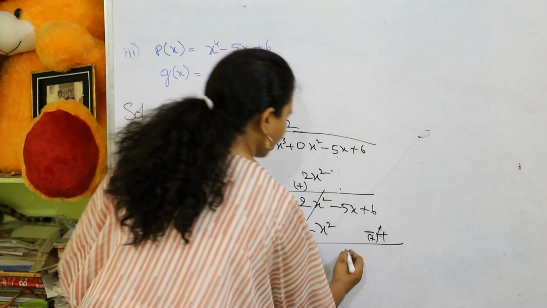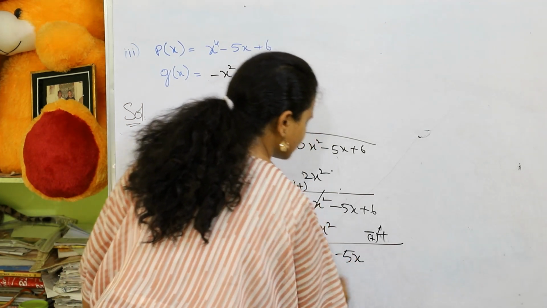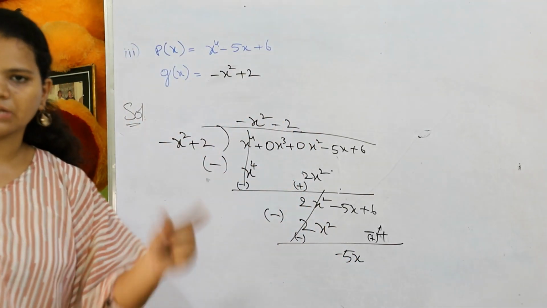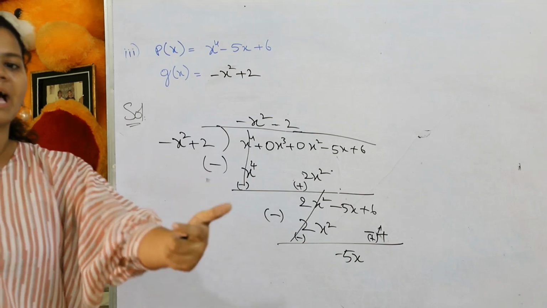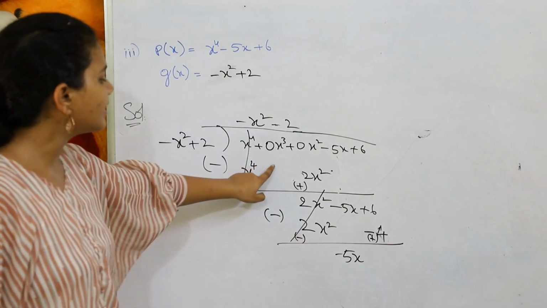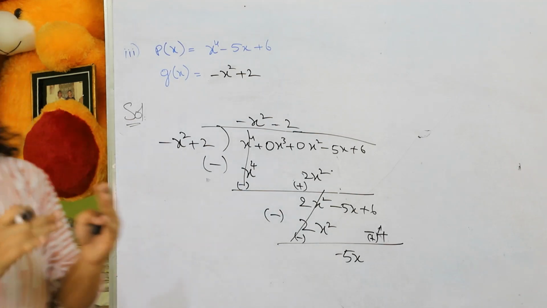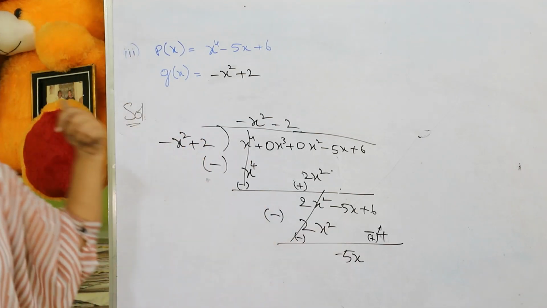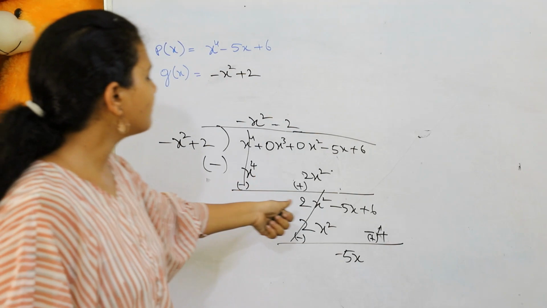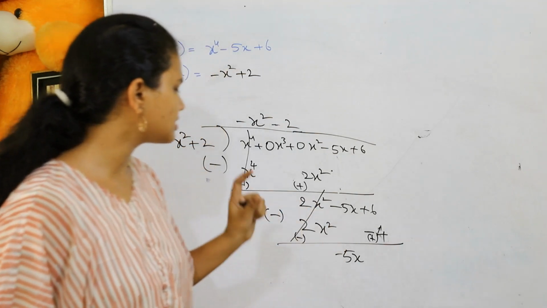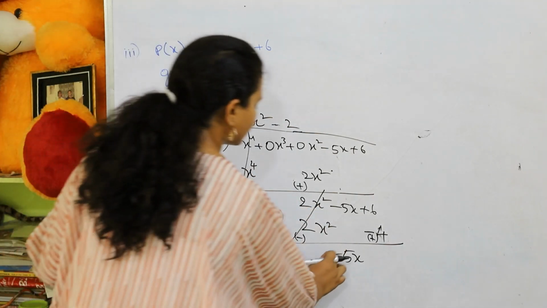Here you have minus 5x as it is, because minus 5x has a value. I haven't written 0x cube because it doesn't have any value, but minus 5x has a value, so I write minus 5x. Clear?